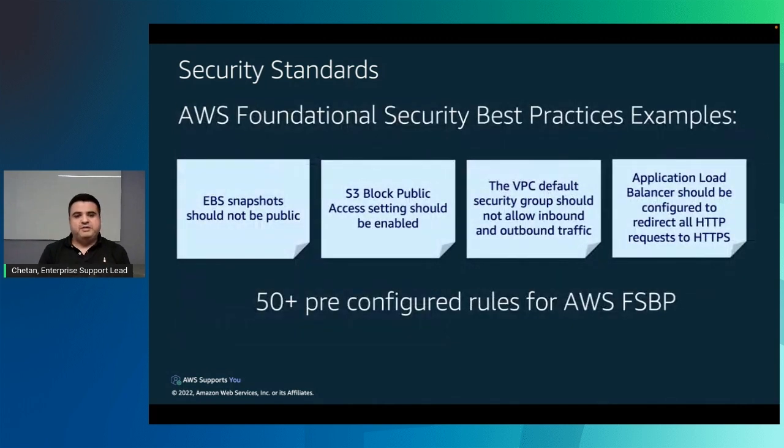Now, let's look at some of the examples. For example, EBS snapshots should not be public, right? I don't want my EBS snapshot to be public and anybody outside my organization to go and access that. The other example could be my EC2 instances which I've launched via auto scaling groups. Configurations should not have a public IP address.